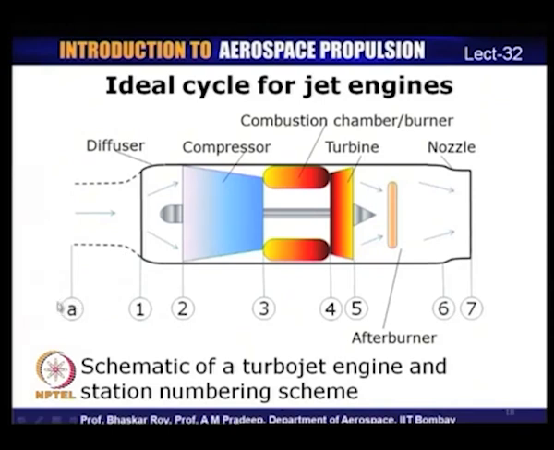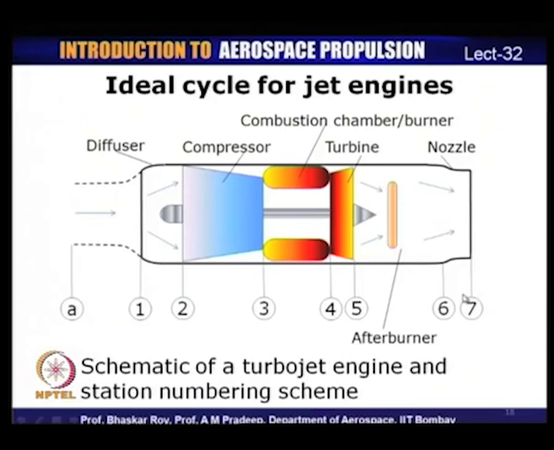The free stream or the ambient is indicated by A, and so air is compressed all the way from point A up to point 3, which is the compressor exit. 1 to 2 indicates the diffuser, 2 is the compressor entry, 3 is the compressor exit and therefore the combustion chamber entry, 4 is the combustion chamber exit and the turbine inlet, 5 is the turbine exit, 6 is the nozzle entry and 7 is the nozzle exit.